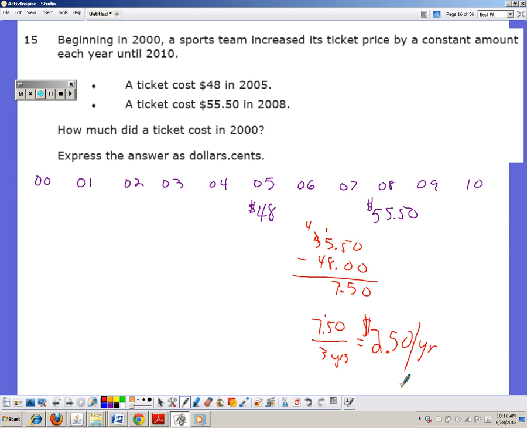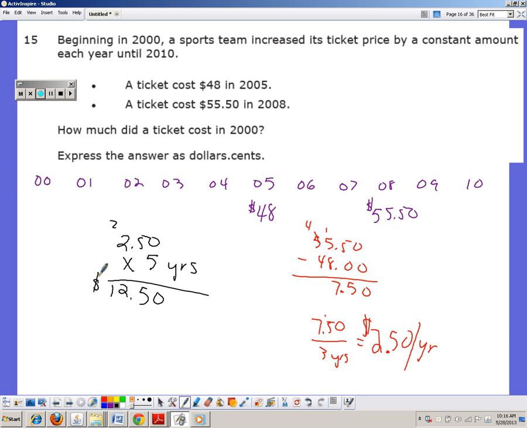So we want to find what it was in 2000. So we're just going to subtract $2.50 every single time per year. Okay? Or you can say $2.50 times, well, from 2000 to 2005 is 5 years. So when you multiply, that gives you $12.50.